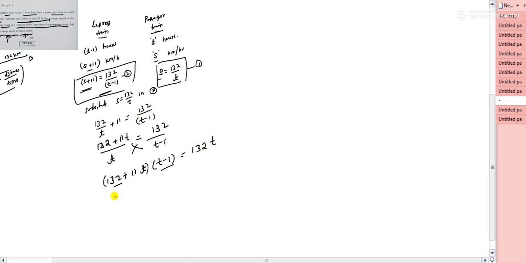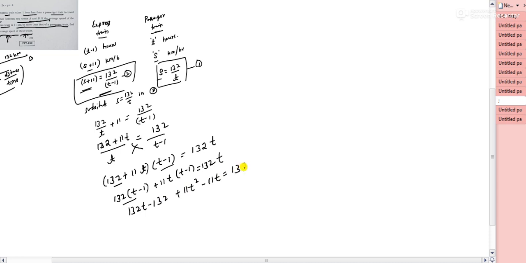Now multiply this, so you will get 132 into t minus 1 plus 11t into t minus 1, which is equal to 132t. Now multiply this: 132t minus 132 plus 11t square minus 11t, which is equal to 132t.